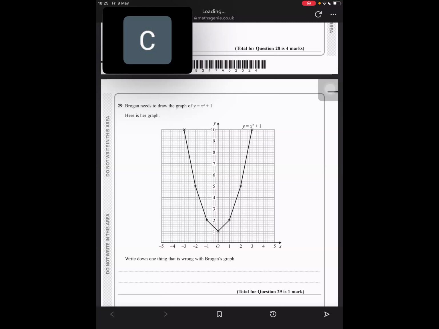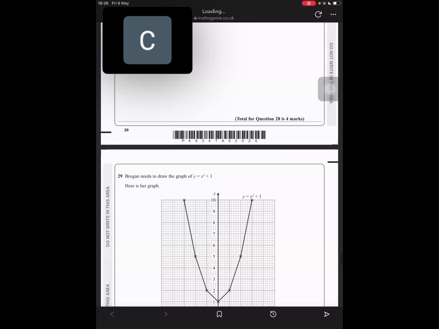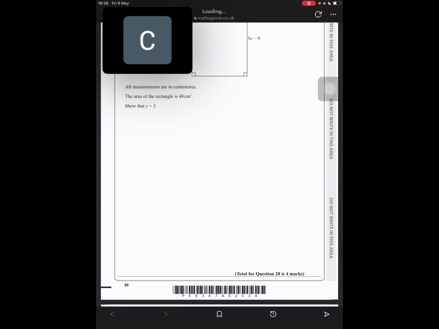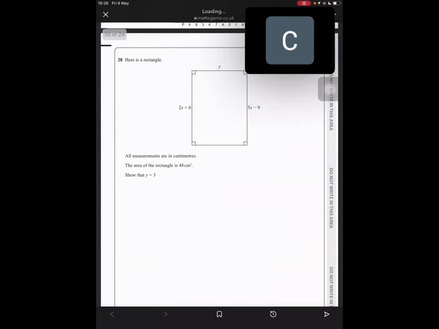Let me just find the papers. Yes, it just says the same thing, that it should be curved. All right. So I think that's it. We can proceed to the next question.